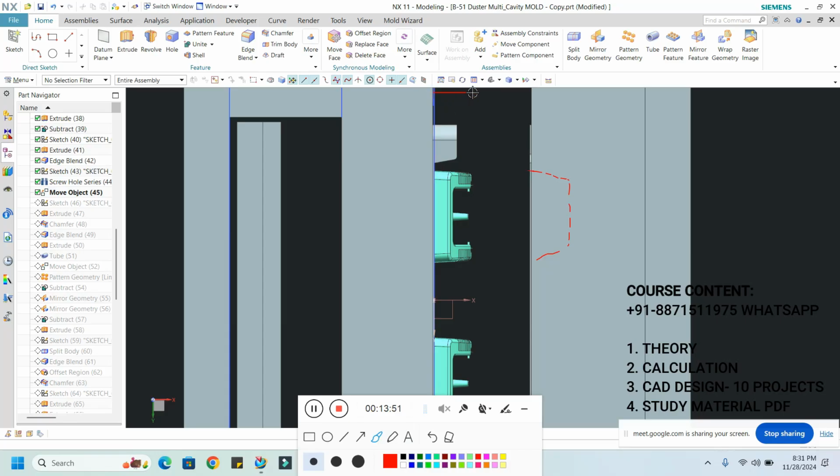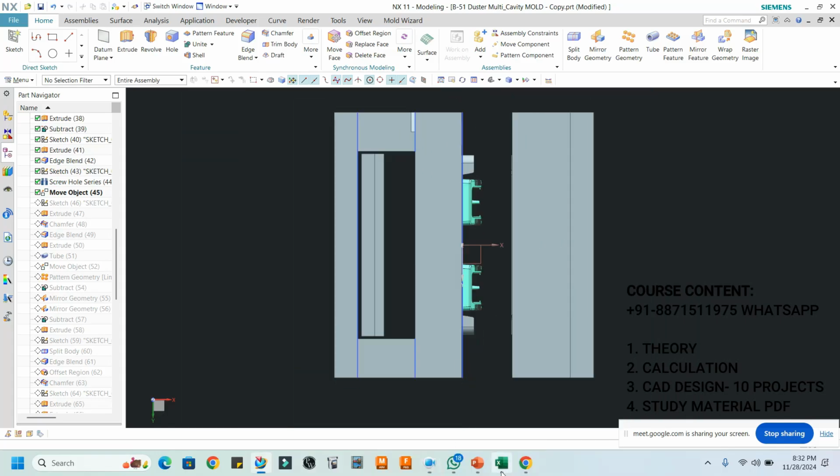Okay. So here this is the pillar and this will be the bush. So first your pillar should enter into the bush. Why? Because we are using the pillar and the bush for alignment of this core and cavity, right? So first of all, this pillar should enter into this bush. So that's why it should be more than the component height, right? Just like this space. Got it, sir. Understood? Yes.